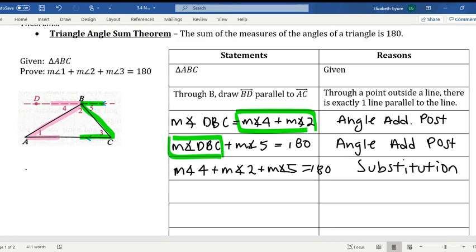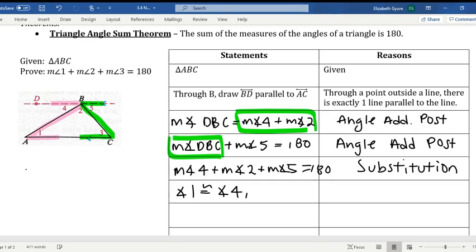Okay, now I have three angles adding to be 180, but I don't want it to be 4, 2, and 5. I want it to be 1, 2, and 3. Brennan? So for this one, angle 4 was congruent to what other angle? 1, because of why? What was their angle relationship? Yeah, alternate interior. So we're going to say that angle 1 is congruent to angle 4.